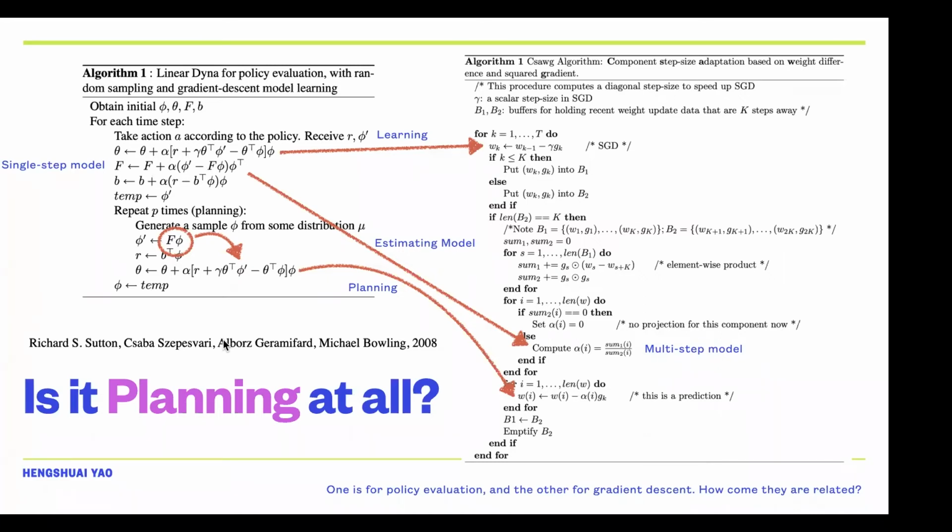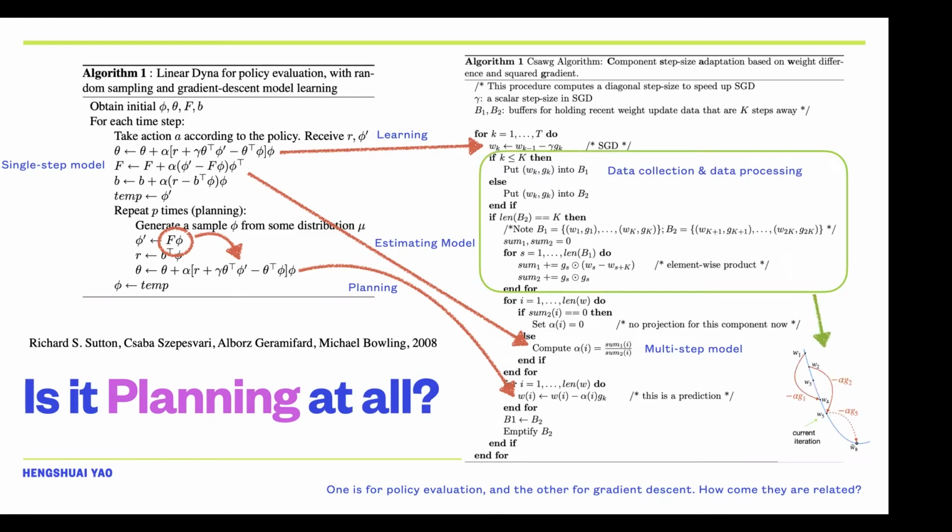Here, the green box we didn't explain. It's just the data collection and data processing part. For data collection, this is just putting the updates k steps away from each other to form a multi-step transition. So alpha can be learned.